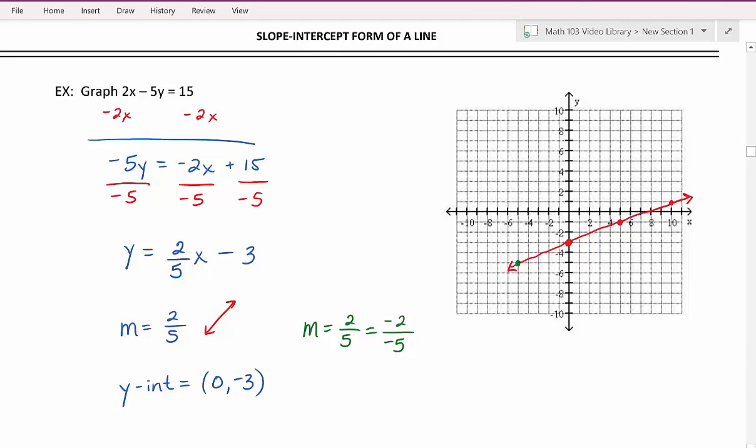You'll see that that point lines up perfectly with the other points in our line. Sometimes, depending on how big your graph paper is and what your slope is, you may want to do this. You don't have to, but it's just another option to help you center your graph about the y-axis.